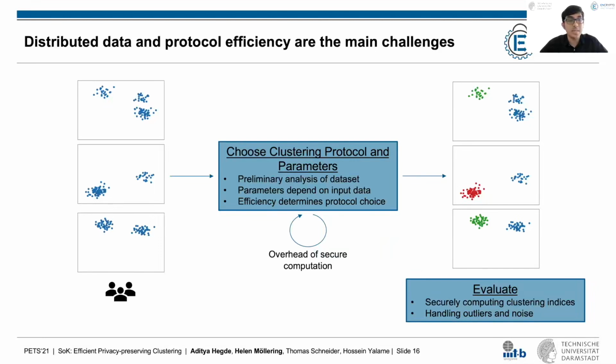Finally, since there is an overhead to evaluation and rerunning the clustering protocol multiple times, we would want the protocol to be robust to outliers and handle noise well, especially since it's harder to remove outliers and noisy inputs when the data is distributed. So the plain text scenario makes it easy to select optimal parameter values and evaluate the clustering output, while this is harder in the secure scenario, mainly because of the distributed dataset and the overhead of secure computation.